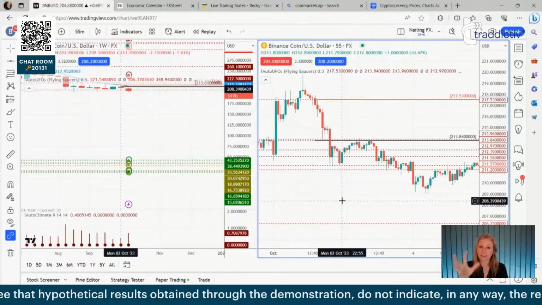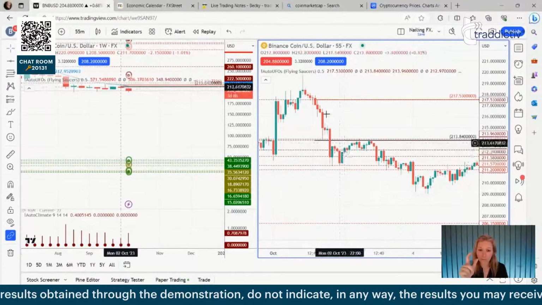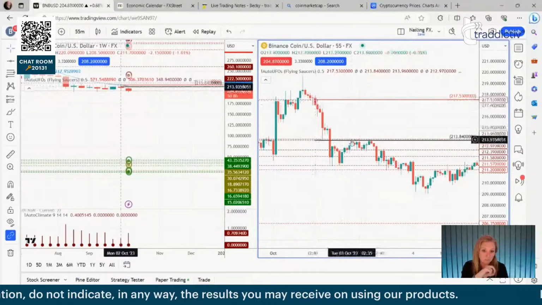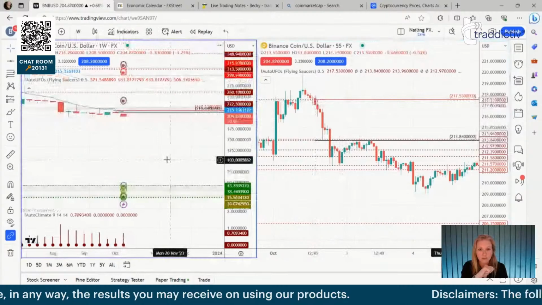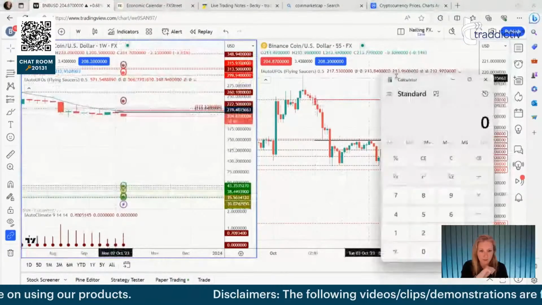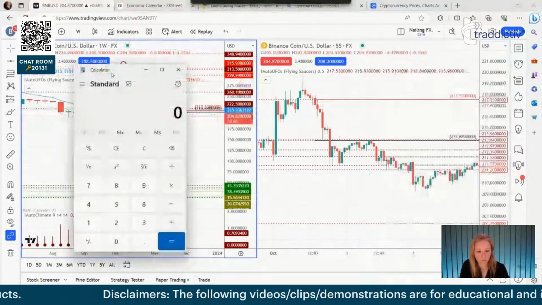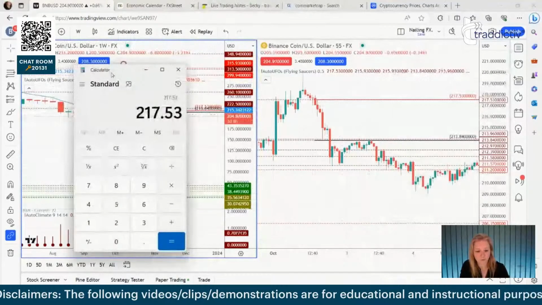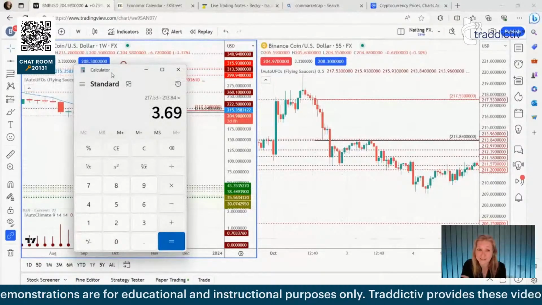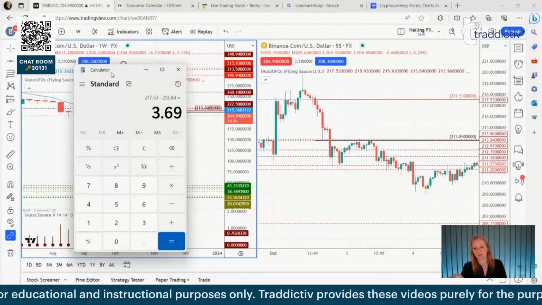Now we need to add a little bit of room for the wiggle spread as well. So what we're going to do is we're going to make this zone 20% bigger. So let's get a calculator out to do this. So we've got 217.53 minus 213.84 gives us 3.69, so $3.69.